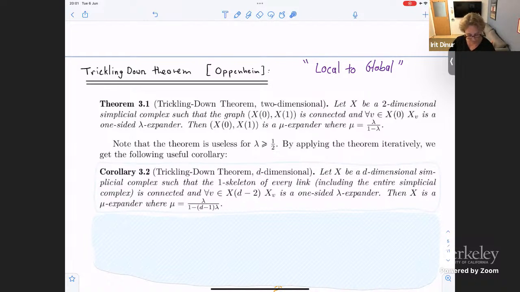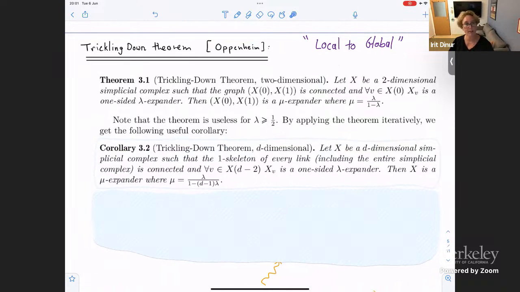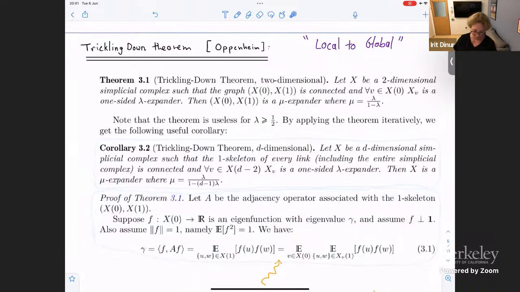And let's see why this theorem is true, or let's see a proof of this theorem. Okay, so let's start. We have an adjacency operator, A, associated with the global graph. Okay, and let's take some eigenfunction of this A. Okay, and suppose it has eigenvalue gamma.